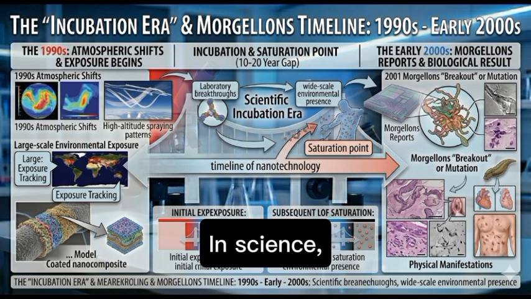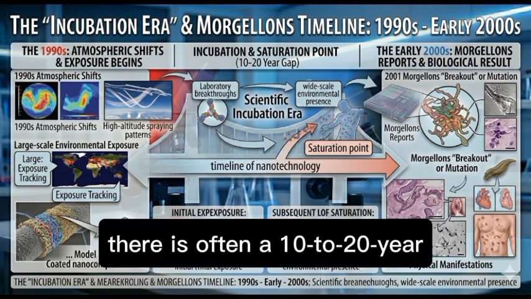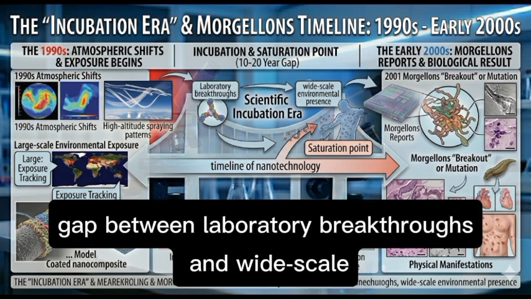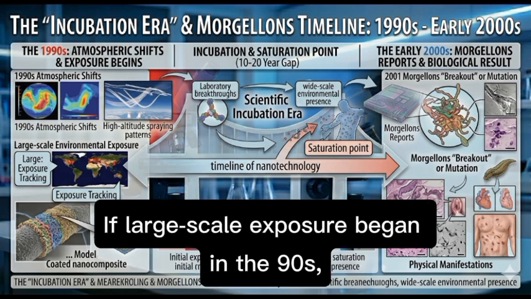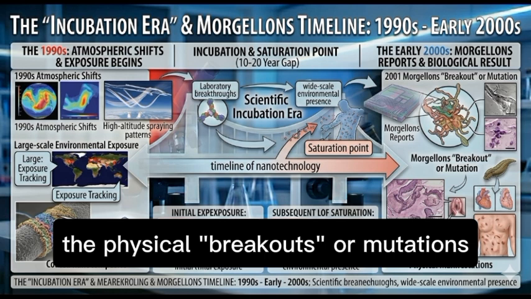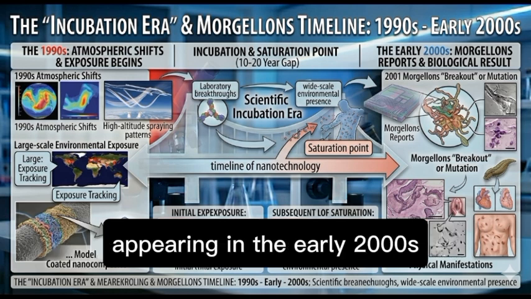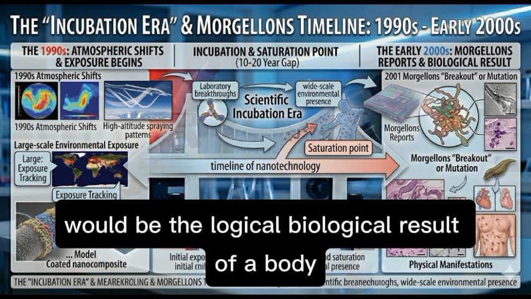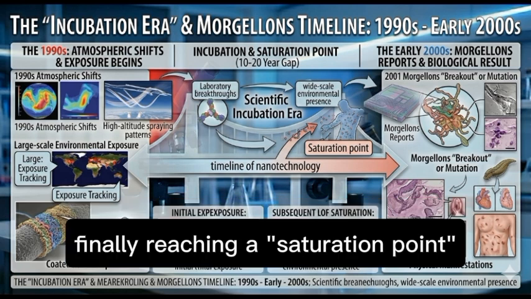In science, there is often a 10 to 20-year gap between laboratory breakthroughs and wide-scale environmental presence. If large-scale exposure began in the 90s, the physical breakouts, or mutations, appearing in the early 2000s would be the logical biological result of a body finally reaching a saturation point.